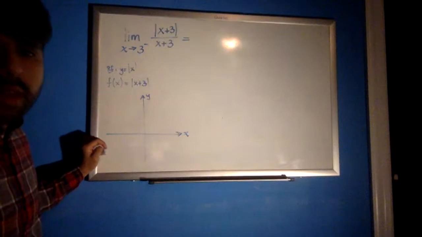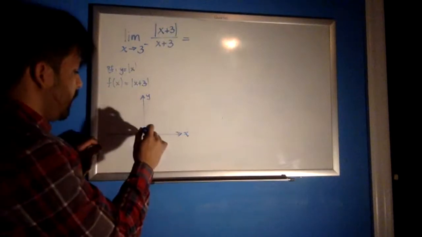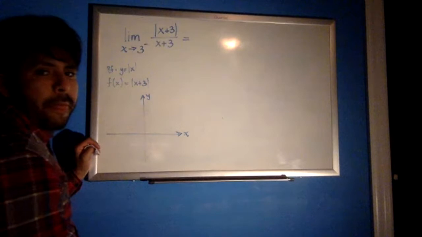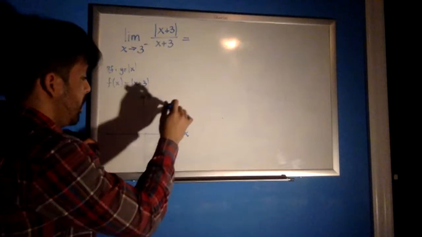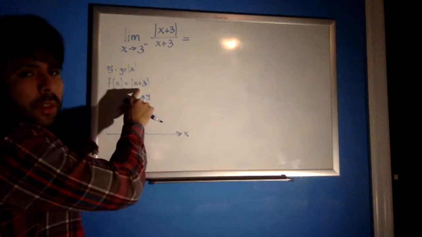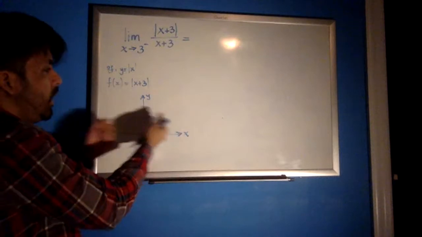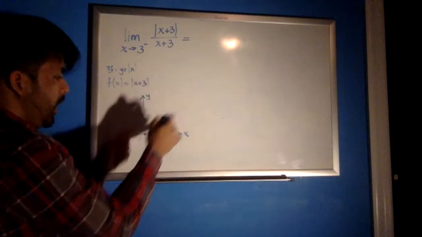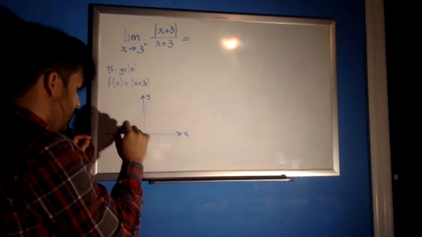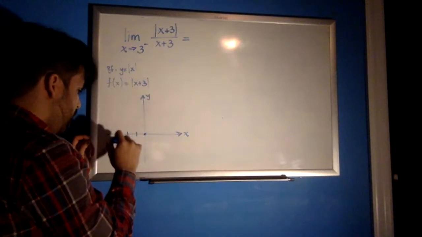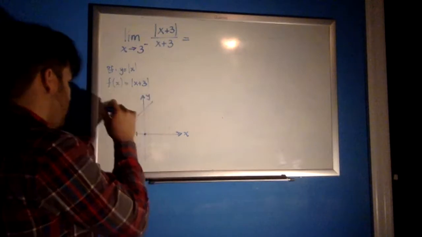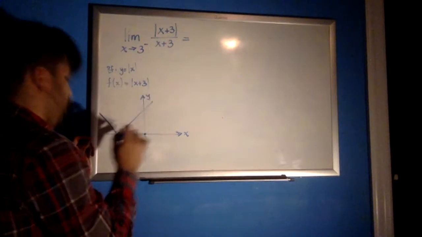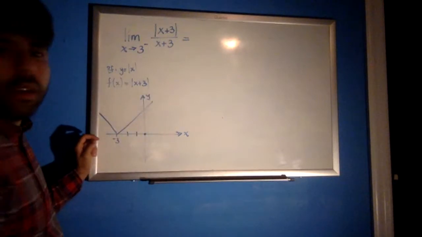And we should all know what the graph of the absolute value of x looks like. It's like a V, centered at 0. But what am I doing to the parent function? I am moving it 3 units to the left. So instead of having the little V at 0, it's going to be at negative 3. I'm going to have the same thing here.